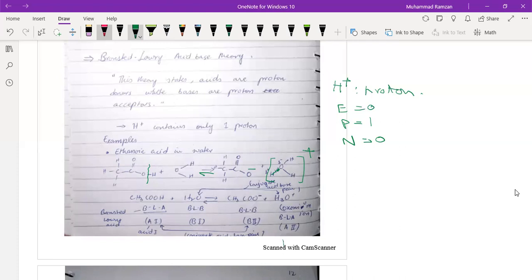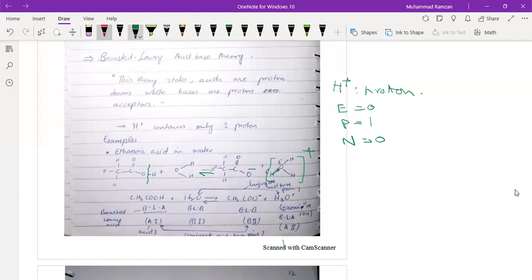According to the definition, CH3COOH is proton donor with respect to the forward sign, and H2O is proton acceptor. When the forward reaction occurs, this is Bronsted-Lowry acid, and that is Bronsted-Lowry base.